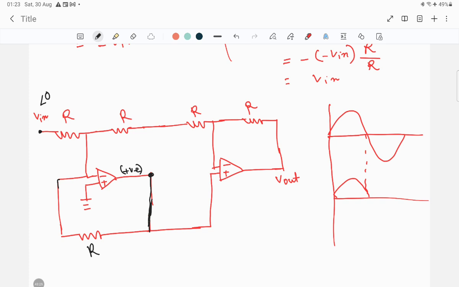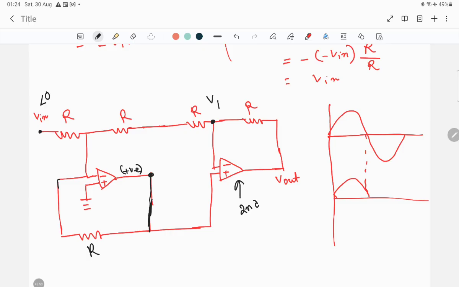If we consider the second op-amp, this second op-amp is in the feedback connection, right? So there will be some voltage at this particular point. Suppose this is V1.